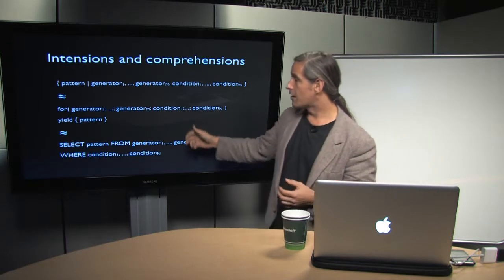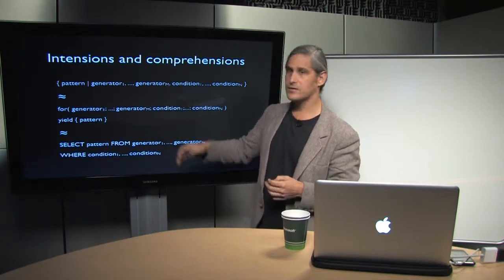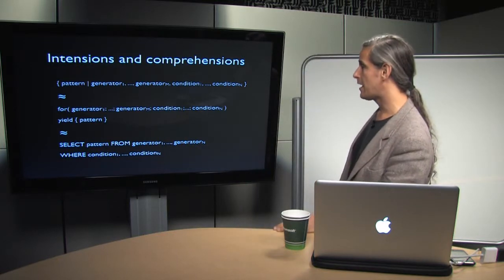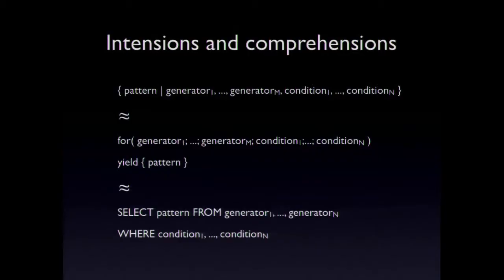So these are actually three or four different ways of saying the same thing. Okay, and spelling out the isomorphisms from this form to this form to this form is actually quite interesting.